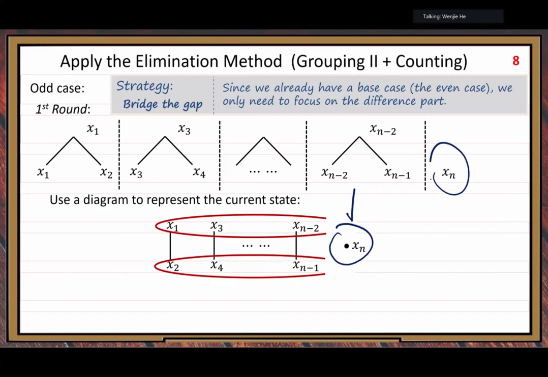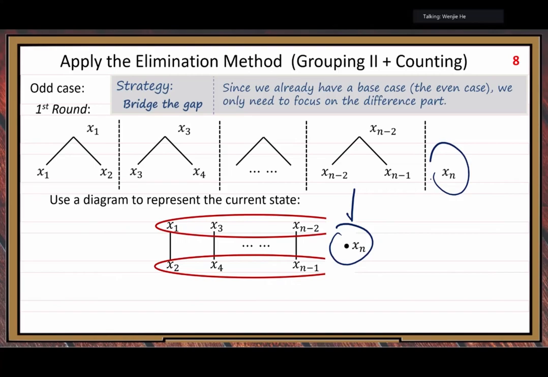But the difference part, the singleton: how do we assign xn? Let me ask you this question. Is xn qualified for the winners group? Is xn qualified for the maximum?